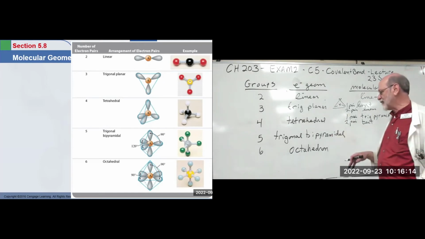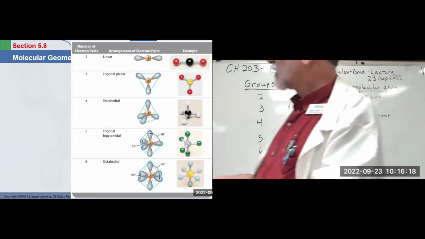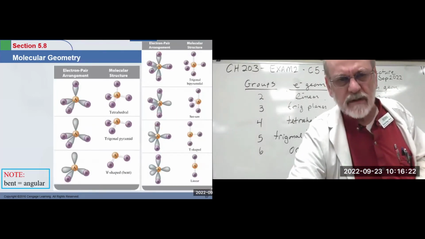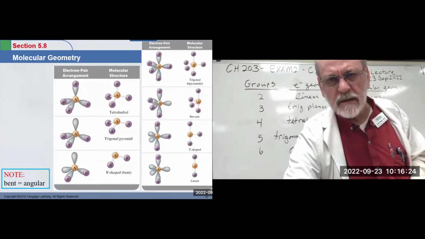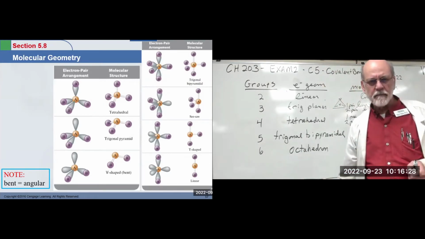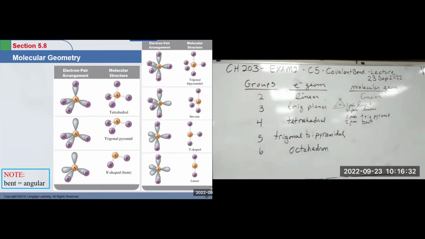How about trigonal bipyramid? This one gets a little trickier. So there's your trigonal bipyramid. This group on the left is for the tetrahedron. This is for the trigonal bipyramid, right? So if you have every position occupied with an atom, it's still trigonal bipyramid.